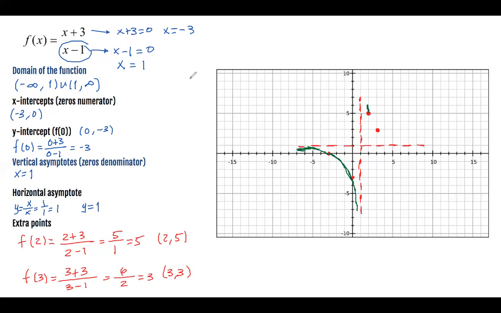I'm struggling with this one. So we're going to try to approach it like that. And this one is also going to approach this asymptote. And then we're going to complete our graph. So that's how the graph should roughly be looking at the end.